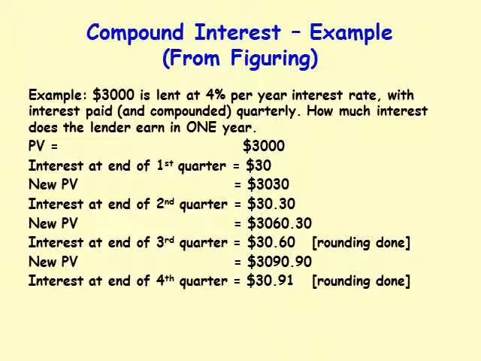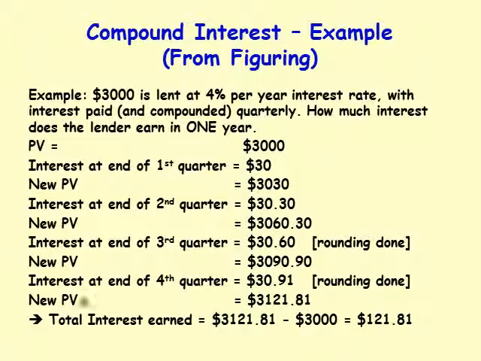So the new principal value: add these two numbers together, $3,090.90 plus $30.91, I get $3,121.81. This is the final value, and some folks might call it, instead of principal value, the final value, FV.